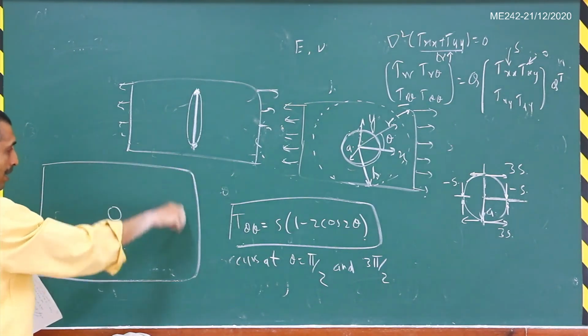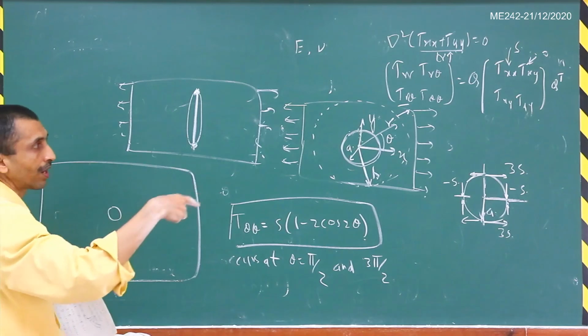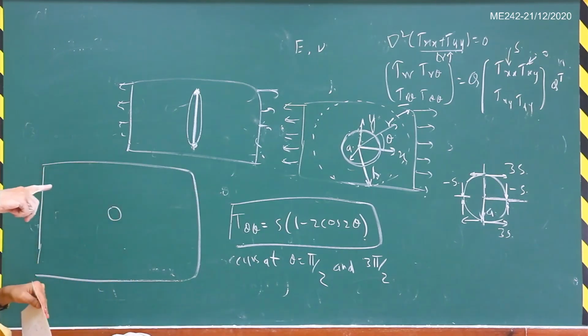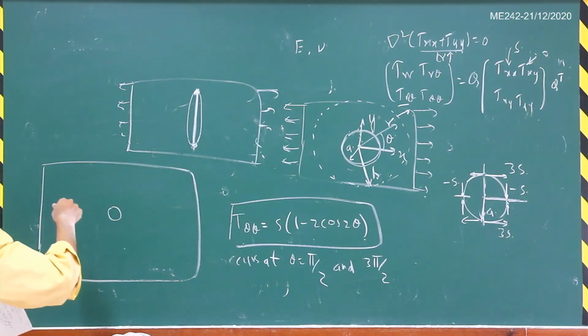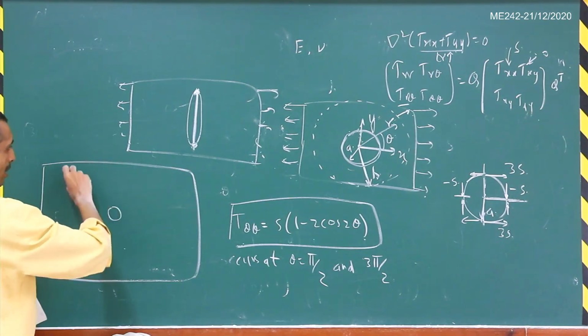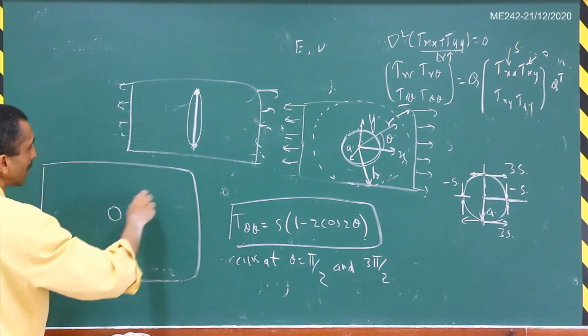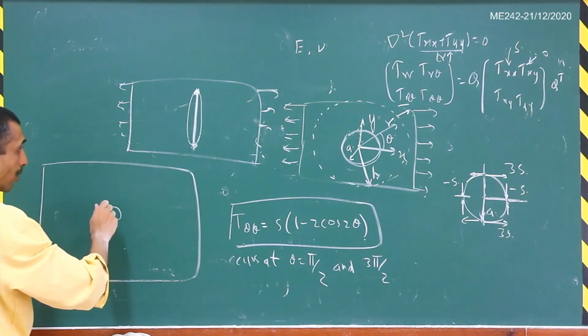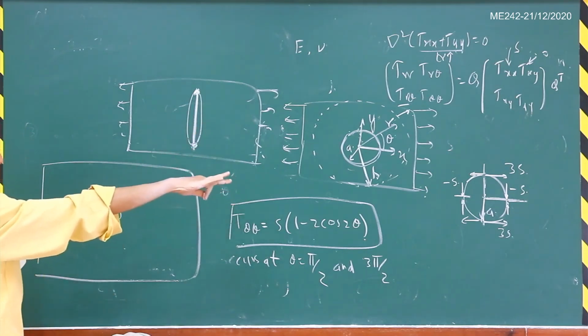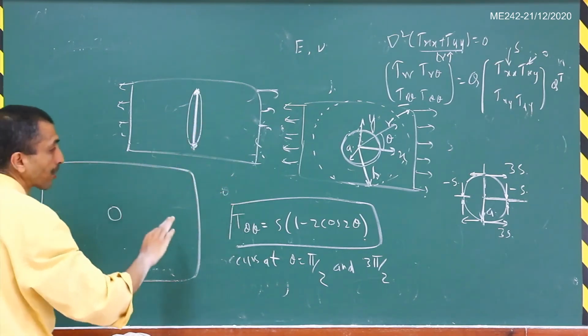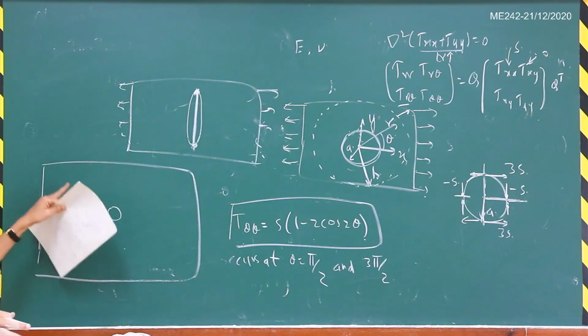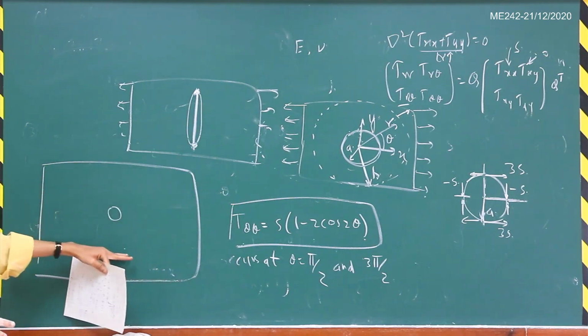That b is the outer radius, because we took the limit as b tends to infinity, if you recall. But even if it was a very large plate and a small hole, the solution we derived will be a very good approximation to this finite plate solution also.